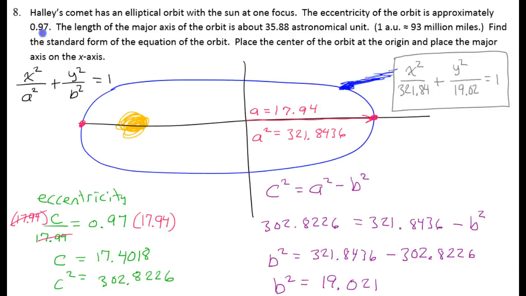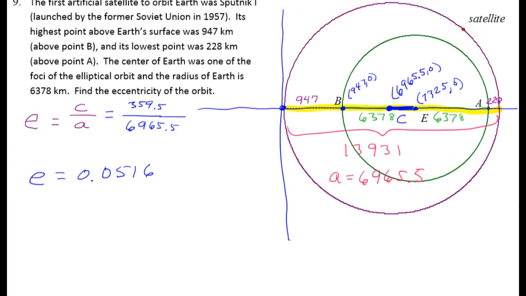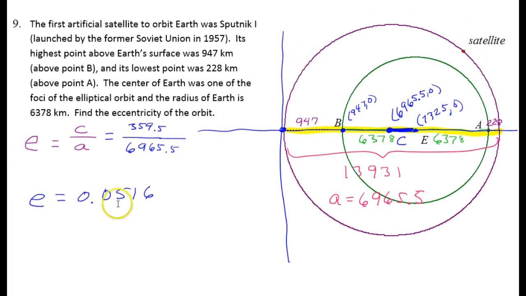That's very far away from 0. If you get to 1, that's just a parabola. So this is about as far away from 0 as you can get before you become a completely different shape. So notice how this ellipse is very stretched out and non-circular compared to problem number 9, where the eccentricity is much closer to 0.